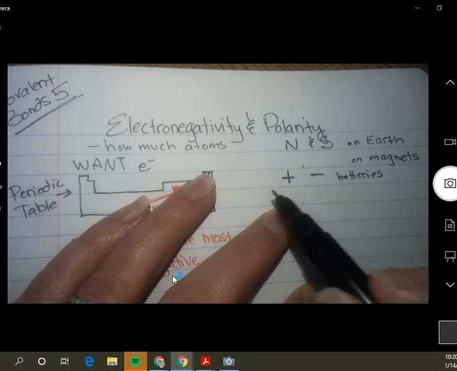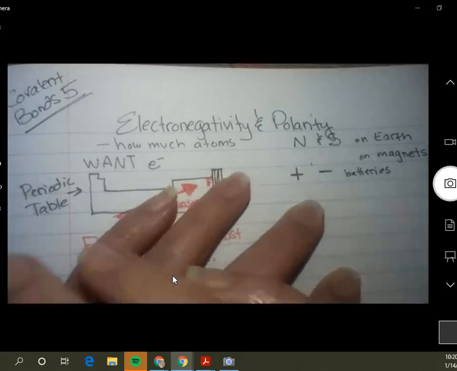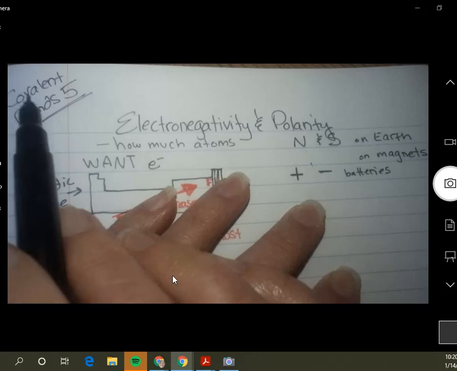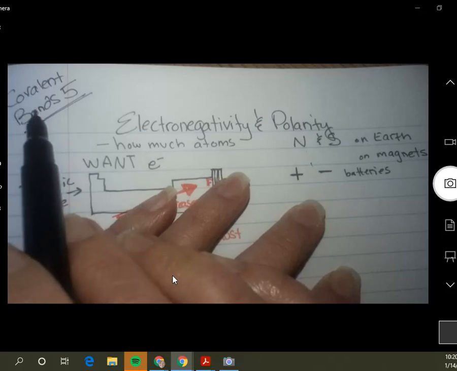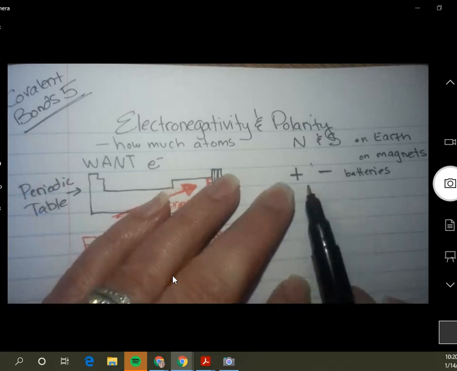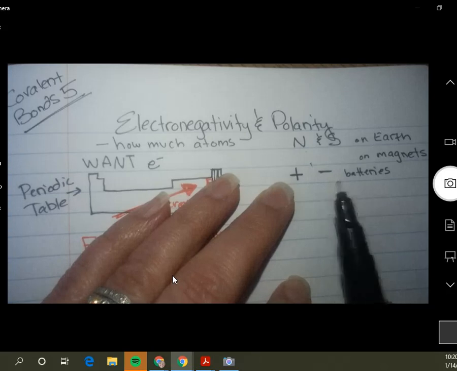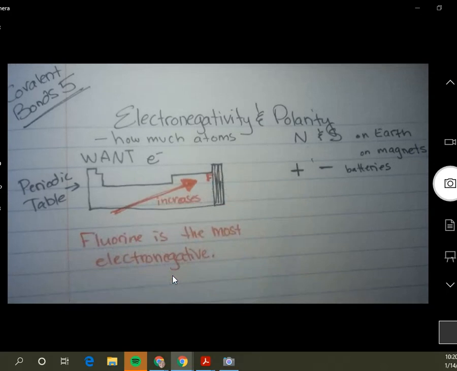We're going to try this polarity business. So if we're talking about covalent bonds and they're supposed to share electrons, how might we get a positive and a negative end on our compounds? We'll think about that.